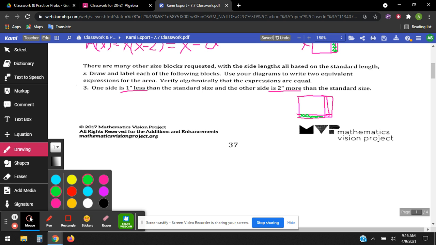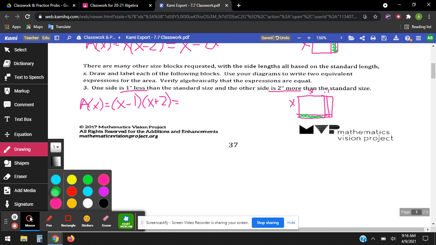So what I get is, where's the color I need? Let's look at our equation here. So one side is an inch less, one side is 2 bigger. I guess I didn't label. This is my x and my extra, and I'm getting rid of the 1.